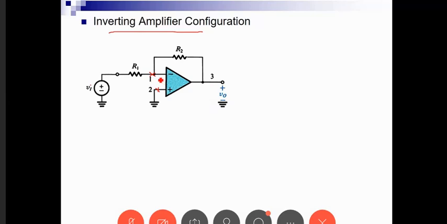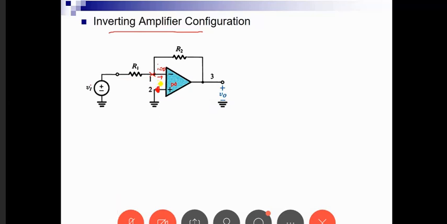The first thing that we remember is that this current here is 0, so there is no current flowing into the amplifier. And the second thing that we remember, if this A is infinite, is that V1 is equal to V2. Okay, so if V1 is equal to V2, this means that I have a ground here.